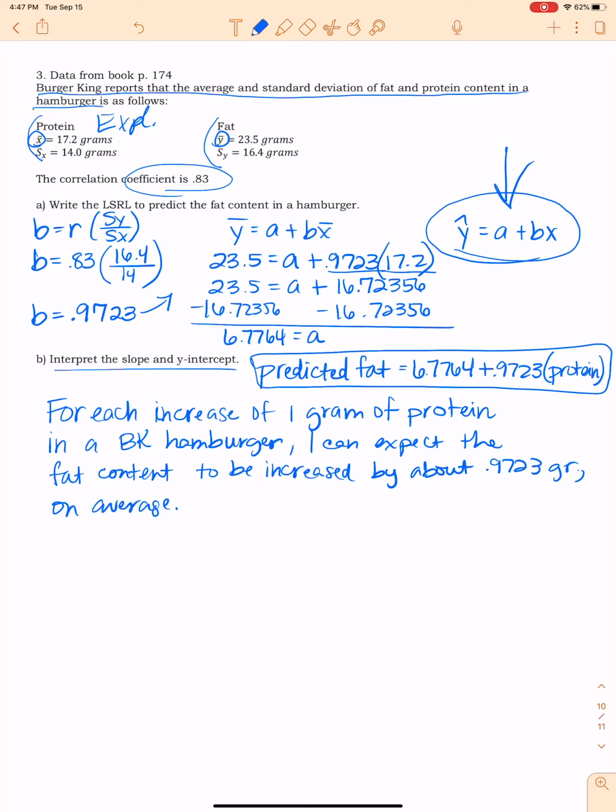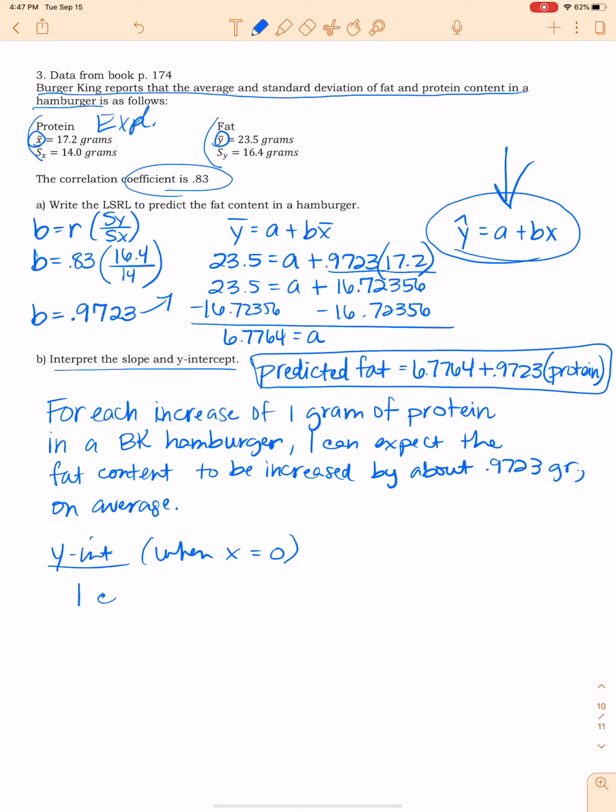All right, so now I'm going to interpret the y-intercept. So for the y-intercept, remember what the y-intercept is. It's when x is 0. All right, so when x equals 0, in other words, when my amount of protein is 0.